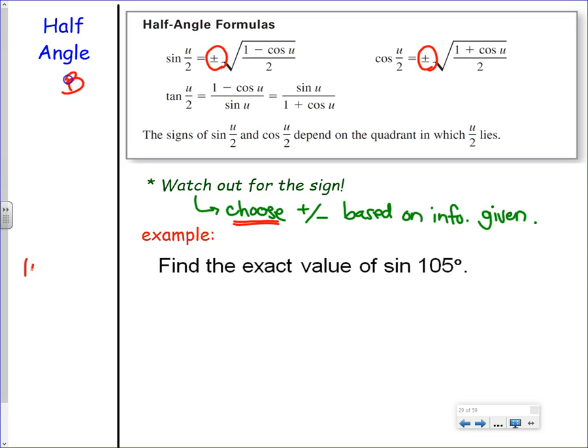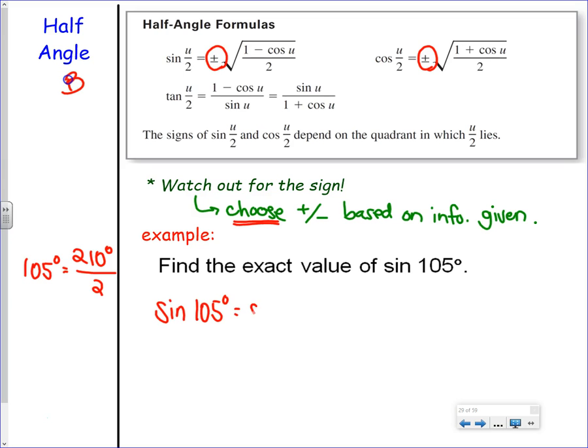Because 105 is half of, doubling, who is it half of? 210. Is 210 a unit circle value? That's 180 plus 30. So how are we going to solve sine of 105?